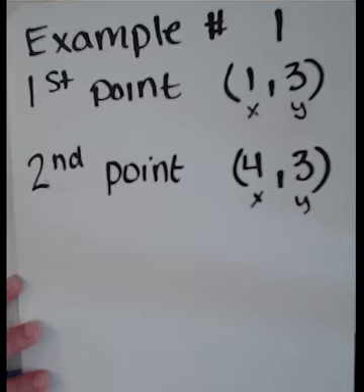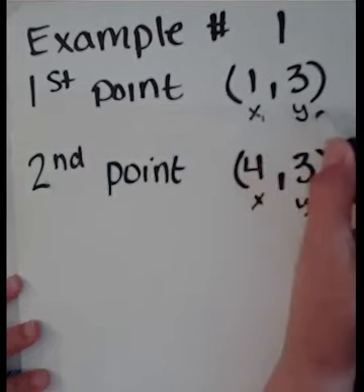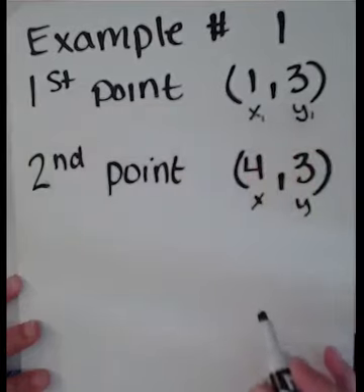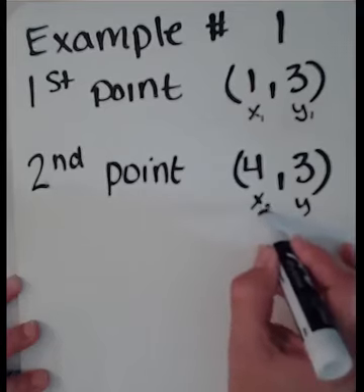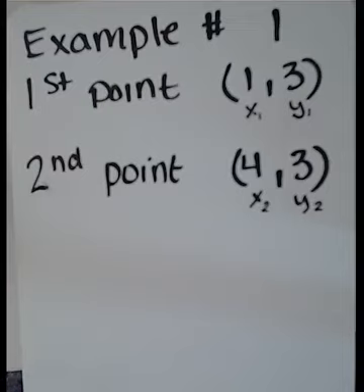We're going to label our first point as x1, y1, and our second point as x2, y2. And this will give us the formula to use to find the change in x, which will give us the horizontal difference between 2 points.